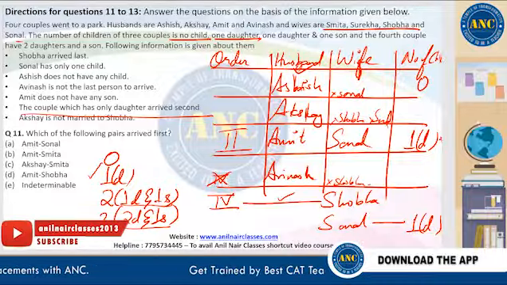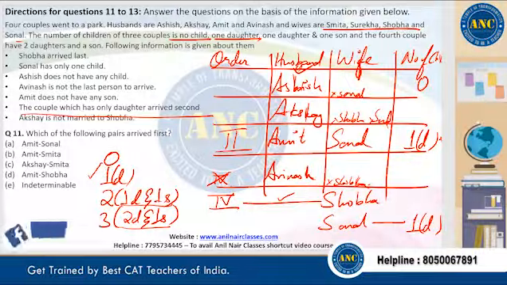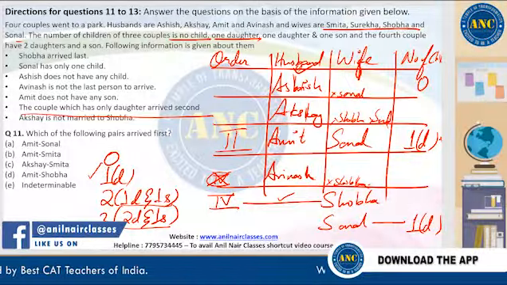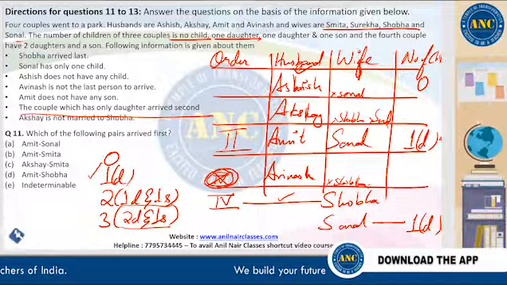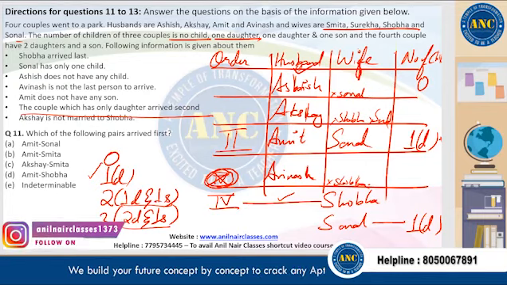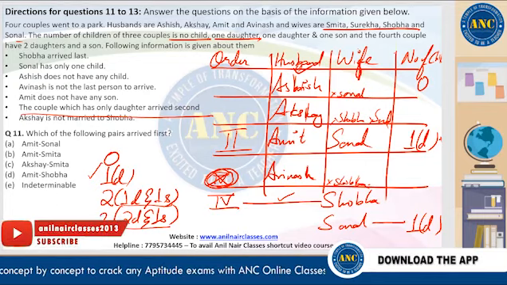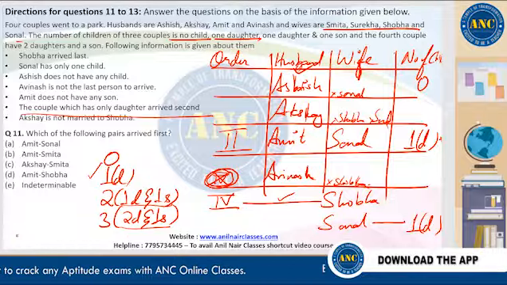Why can't we place Shobha here? For the simple reason that Shobha arrived 4th and Avinash did not arrive 4th. That means Shobha is definitely not married to Avinash, right? Shobha is not married to Amit because Amit is happily married to Sonal.